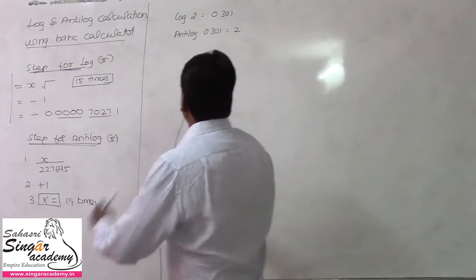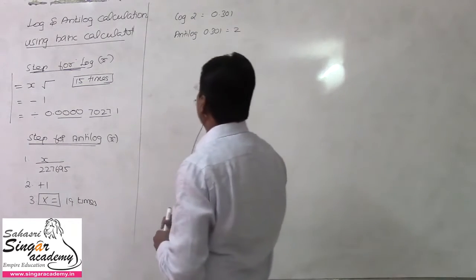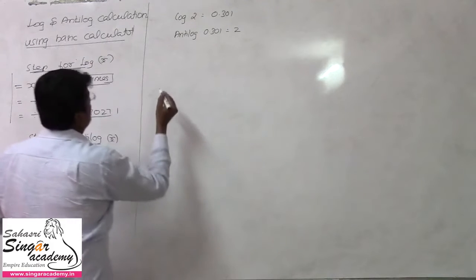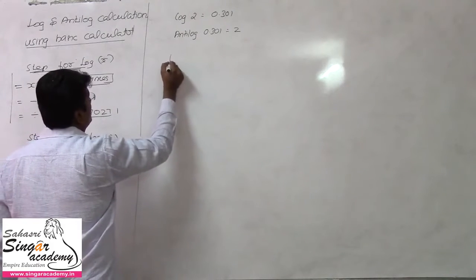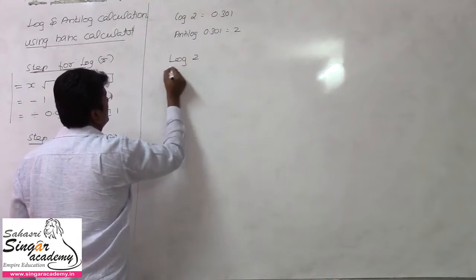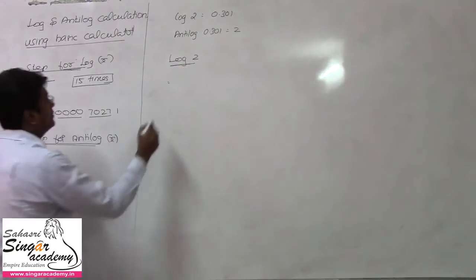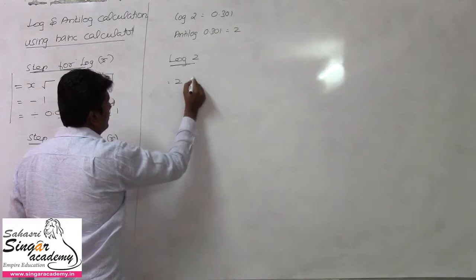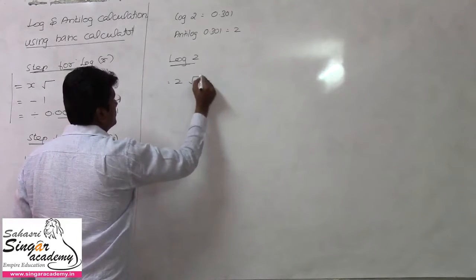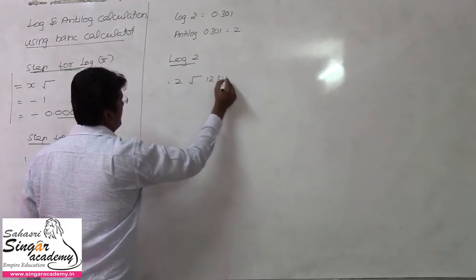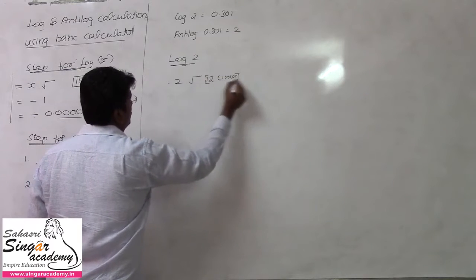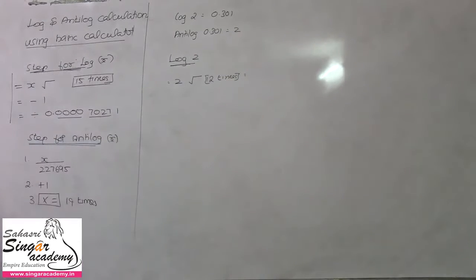Okay, let me try for this illustration whether I am able to get this or not. So, to find log 2, press 2 and I am going to press the root 15 times.